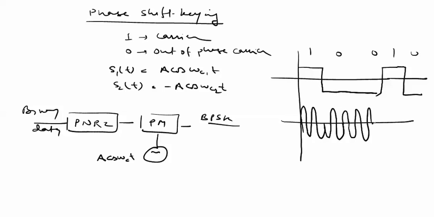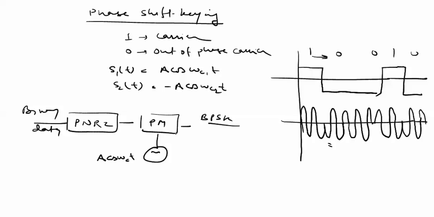For 1 we draw 2 cycles, for 0 we draw 2 cycles. Means whenever a transition comes from 1 to 0, a phase changeover exists. We can recover the data by multiplying with the same carrier on the demodulation side and using a particular threshold value, and we can get the result.